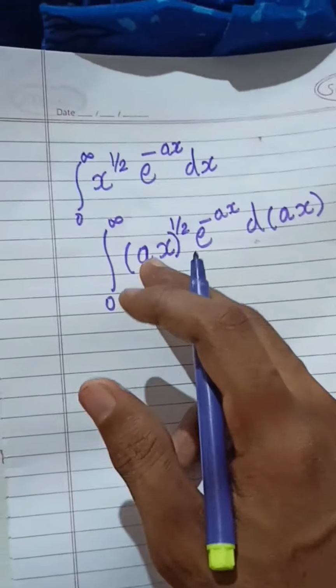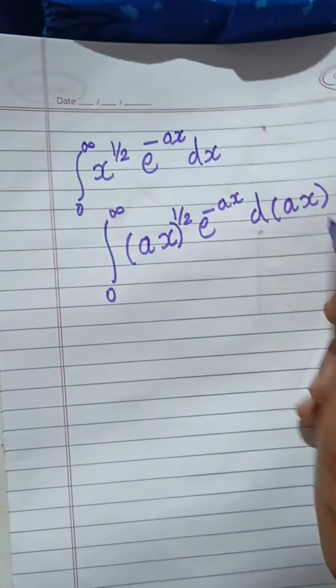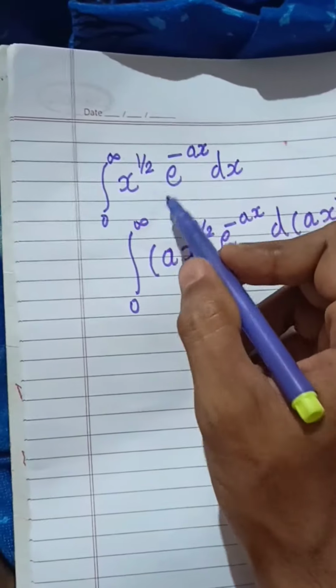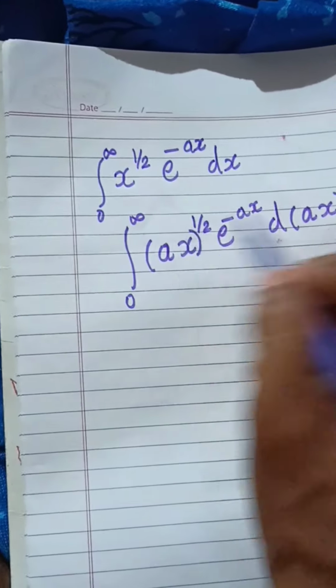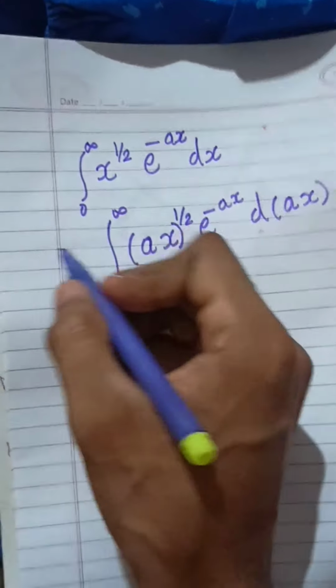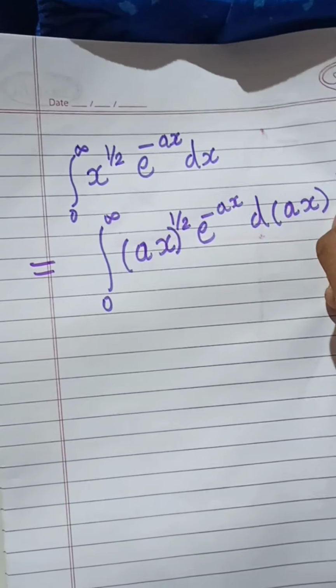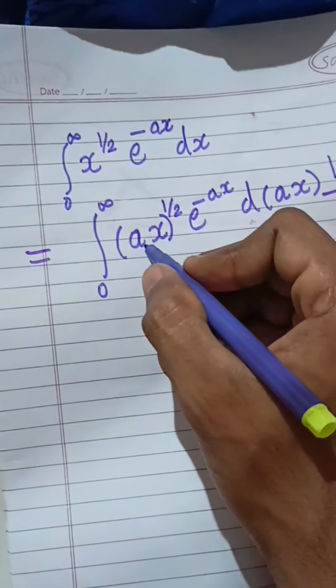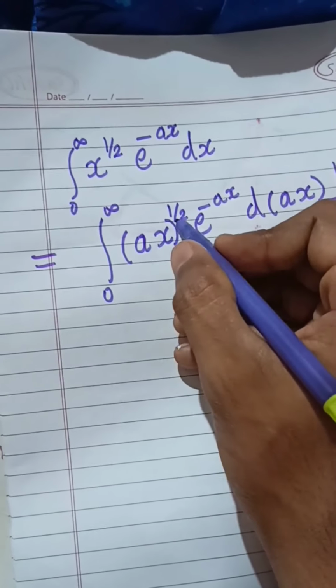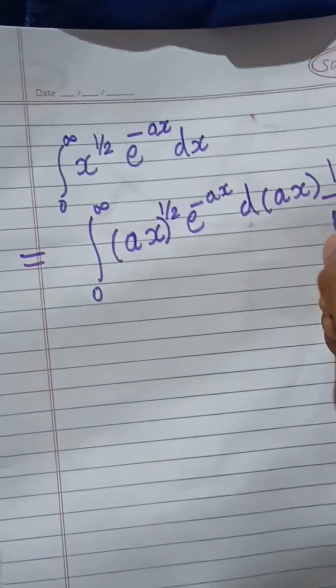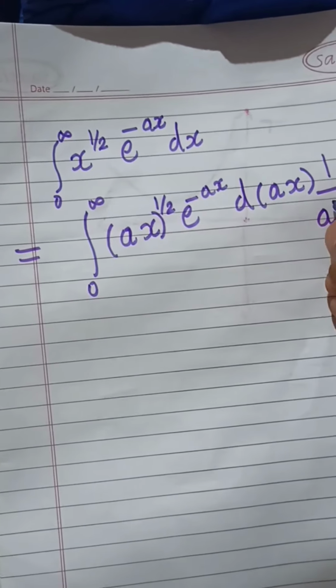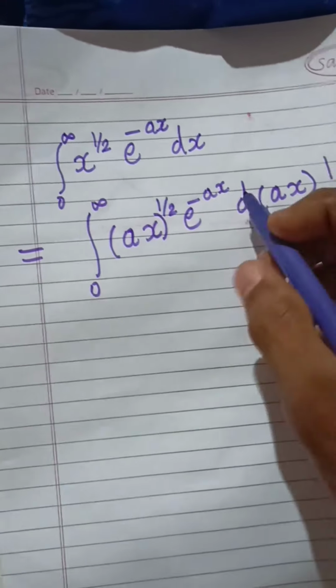But if we put these constants in, this expression is a little bit different from the original expression. To make it equal, we multiply by a to the power 1/2 in the denominator, that is 1 by a to the power 1/2, and also you can see that this a comes here.